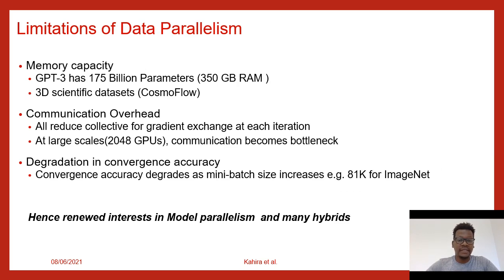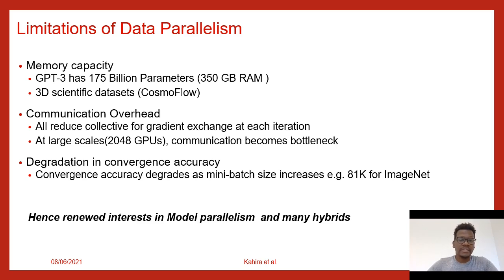Like I mentioned earlier, data parallelism involves replicating the entire model in different GPUs and then doing an all reduce at the end of each iteration. Depending on the model size, this can become a problem because with models that have many parameters, this could go up to 350 gigabytes.